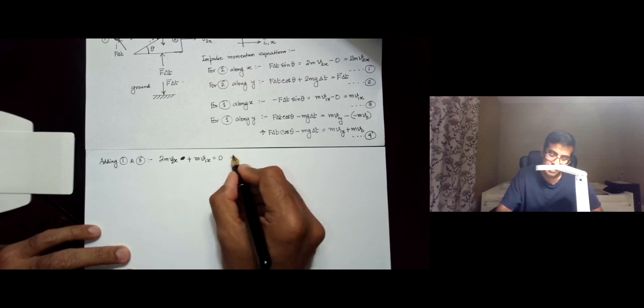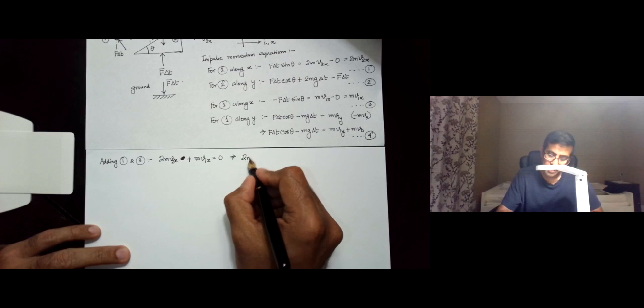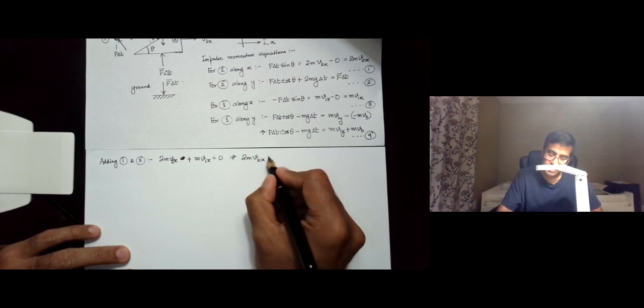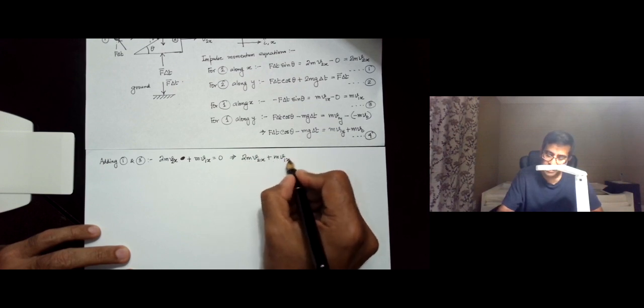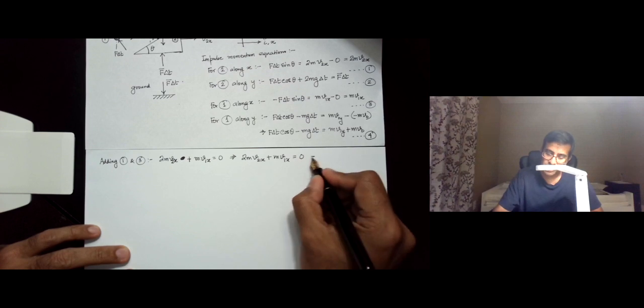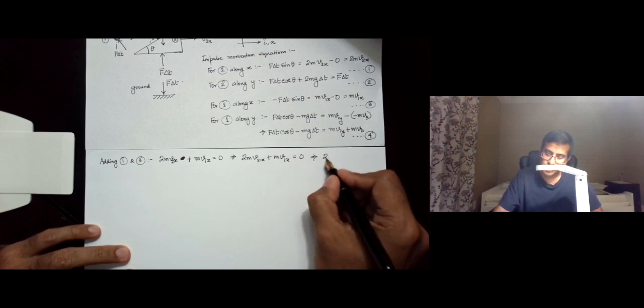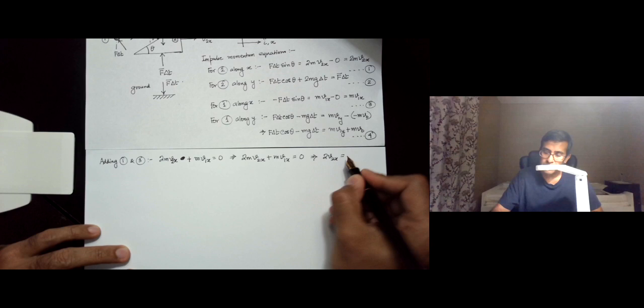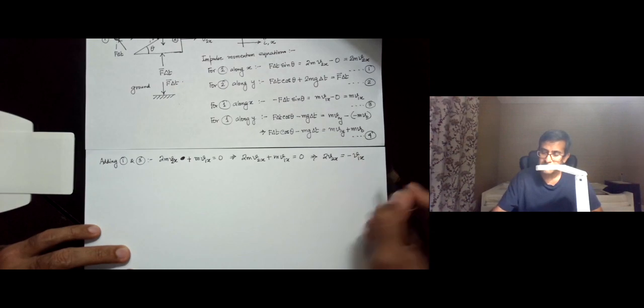So let me write it a little bit more clearly. 2m v2x plus m v1x is equal to 0, or in other words 2 v2x is equal to minus v1x.